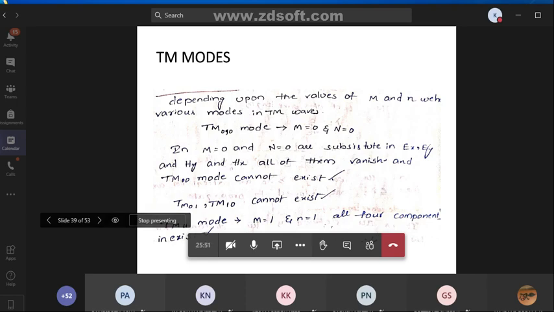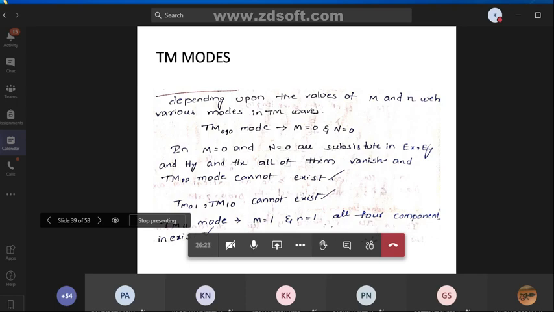Next, if you substitute m equal to 1 and n equal to 1, that is the TM11 mode, and all four field components exist. Ex exists, Ey exists, Hx exists, and Hy exists.